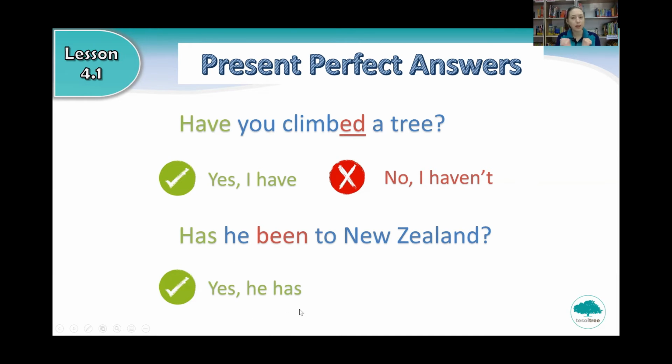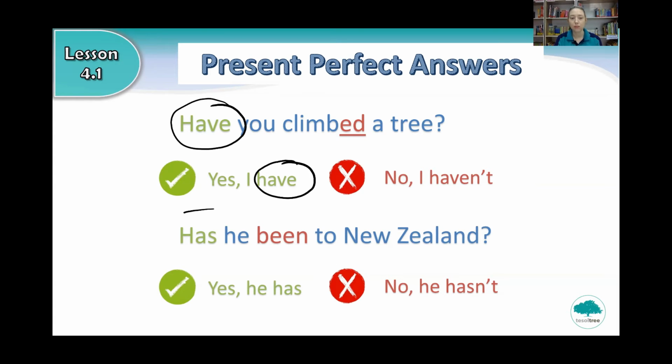And what about if the answer is no? That's right. No, he hasn't. Very good. So remember, if you have have in the question, you will have have in the answer. And if you have has in the question, you will have has in the answer.